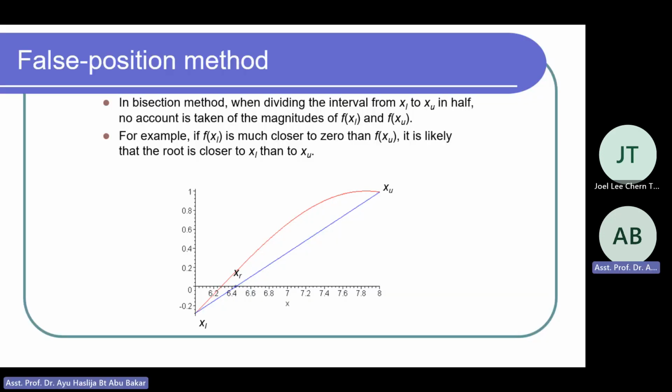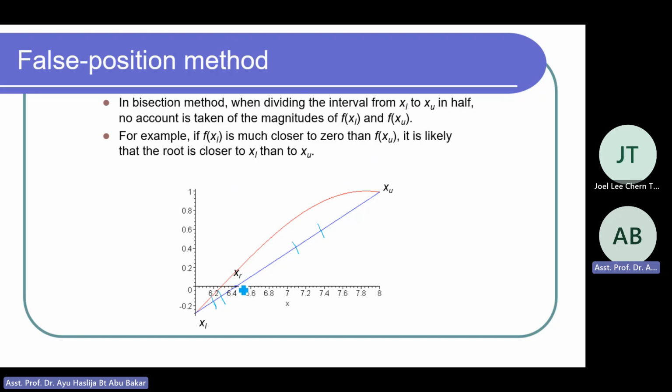Okay, in false position, just to refresh, in bisection it will halve from XL to XU, then halve again until it approaches the XR where Y equals 0.